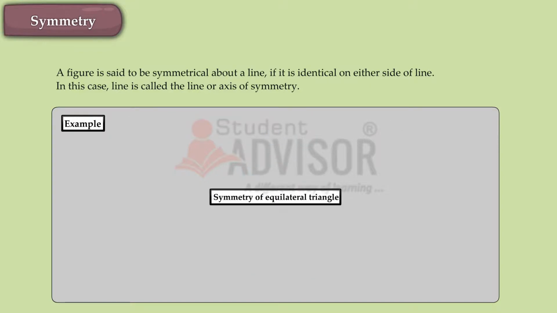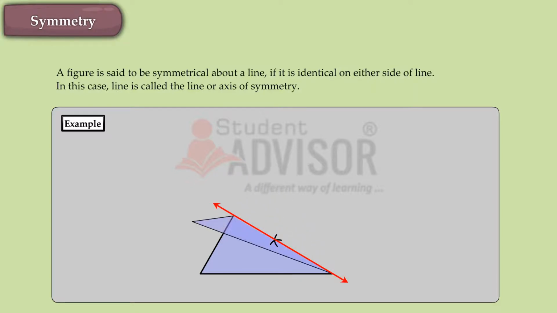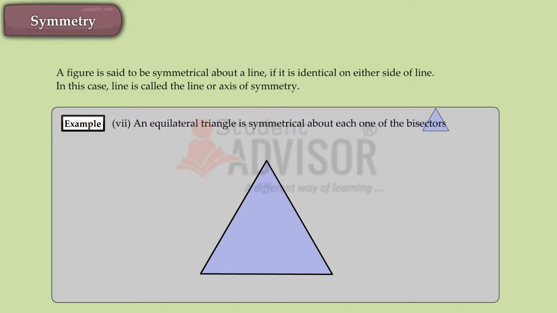Symmetry of equilateral triangle. An equilateral triangle is symmetrical about each one of the bisectors of its interior angles.